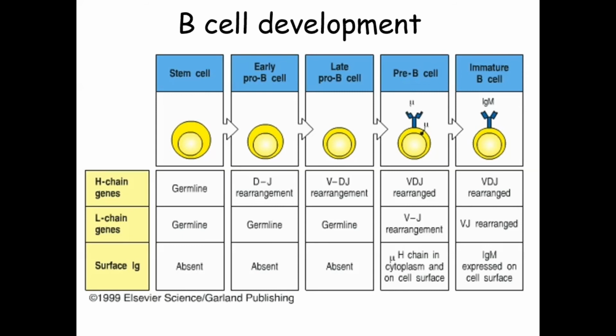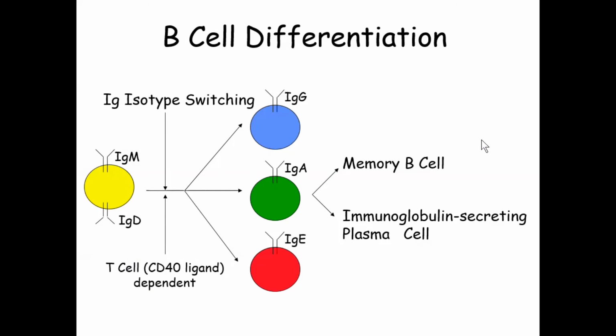There are also other processes that change the coding sequence, leading to changes in what the protein looks like. The light chain has a variable region made up of 2 gene segments, and once all this happens, it becomes a B cell, and first has IgM on its surface, then it can have IgD on its surface. That's still an immature B cell, and the B cell does all this on its own until this point.